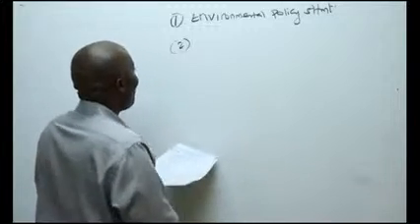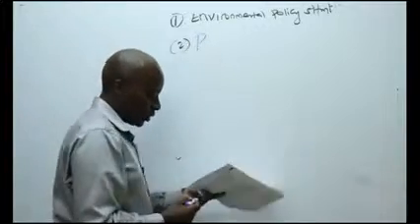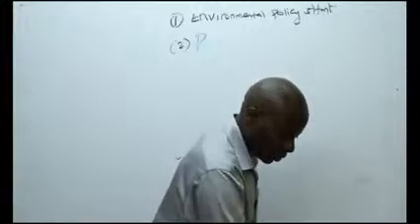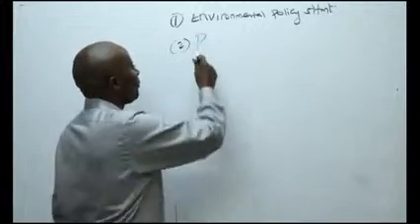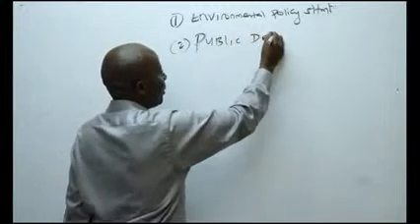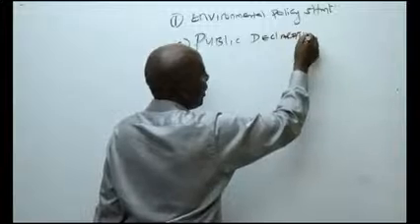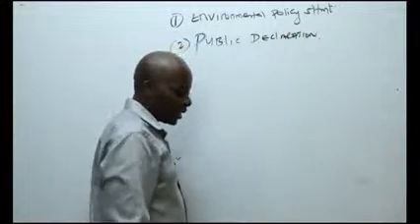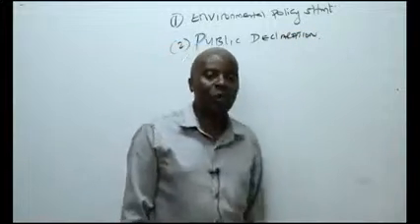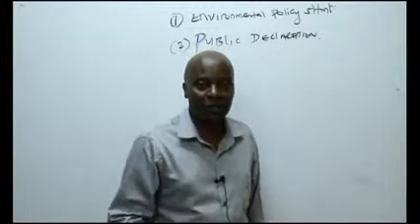Number two, public declaration. And remember, the kind of public declaration that you're talking about is not the one where you go outside and call so many media houses and then start telling them how good you are.